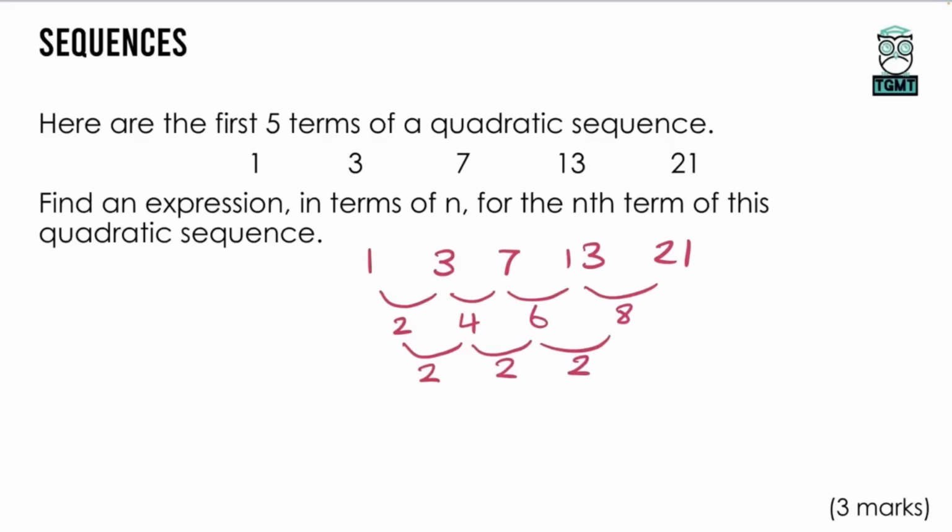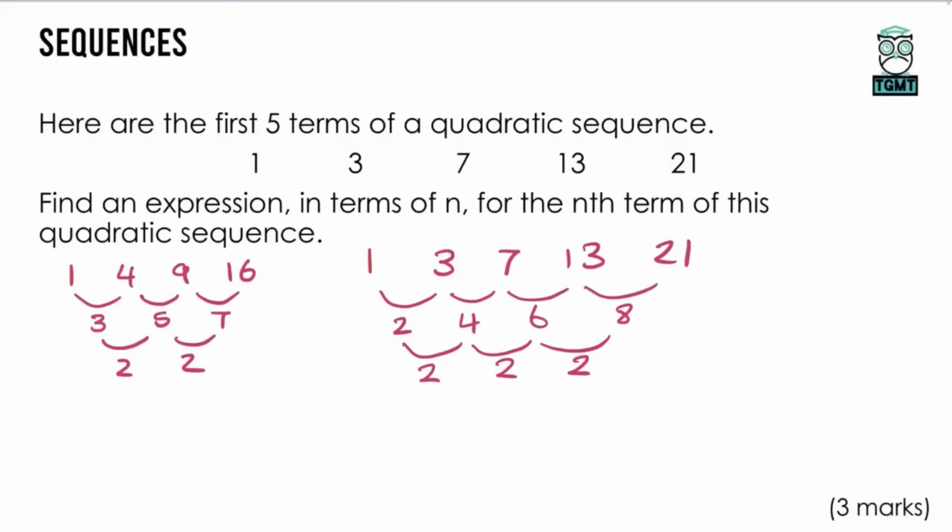Now, a second difference of 2 is a unique property to the square numbers. If you actually draw out the square numbers, you'll see 1, 4, 9, 16, they have a second difference of 2. We first get 3, then 5, then 7, and then the second difference is 2. So all that finding a second difference of 2 tells us is that it's somehow related to the square numbers.